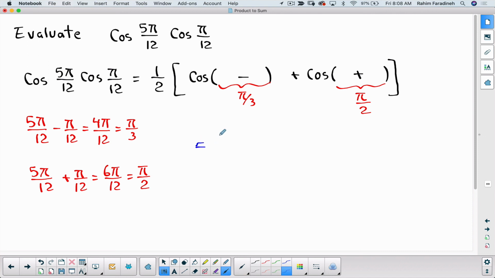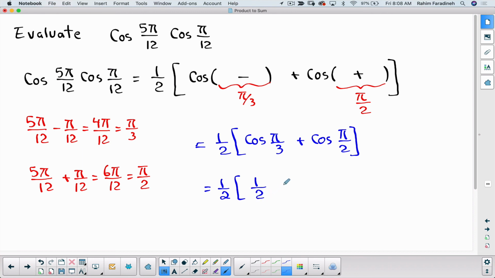So we have 1/2 times cosine of pi over 3 plus cosine of pi over 2. Now cosine of pi over 3 is 1/2 and cosine of pi over 2 is 0.